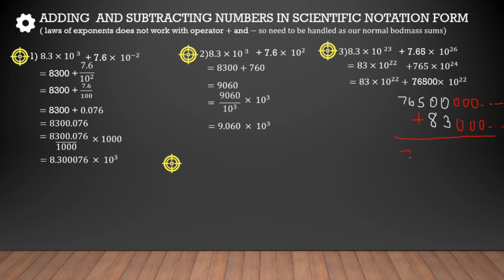What is our answer? 7, 6, 5, 8, 3 followed by how many zeros? 22 zeros. No? So what can we write? Can we write 76583 into 10 raised to power 22?